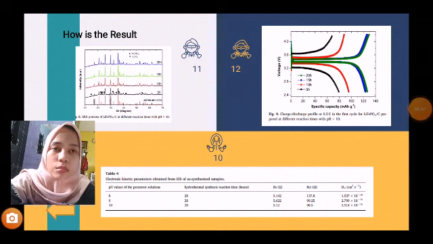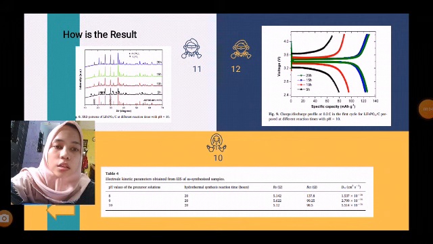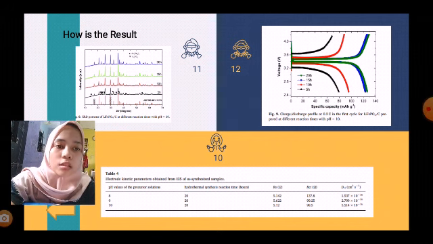Next, picture number 11. Picture number 11 shows the XRD patterns of lithium iron phosphate C obtained at different reaction times at a fixed pH value of 10 respectively.